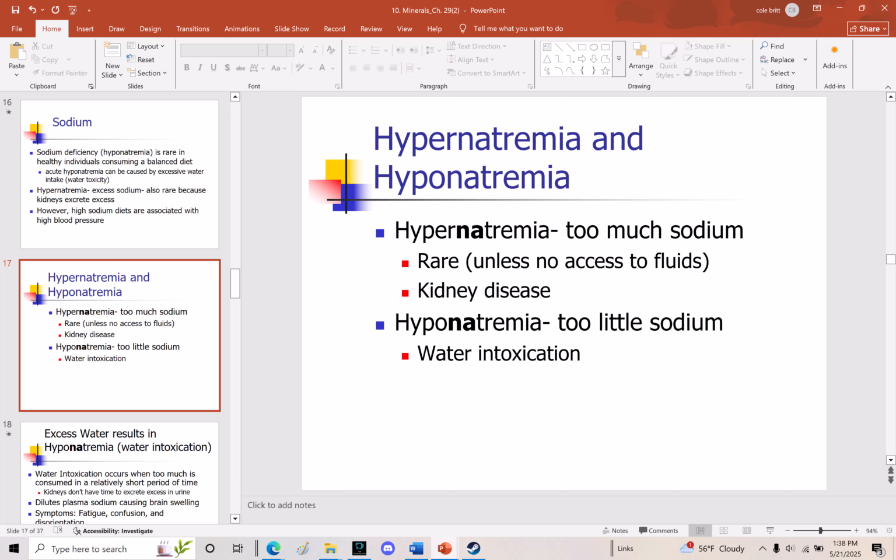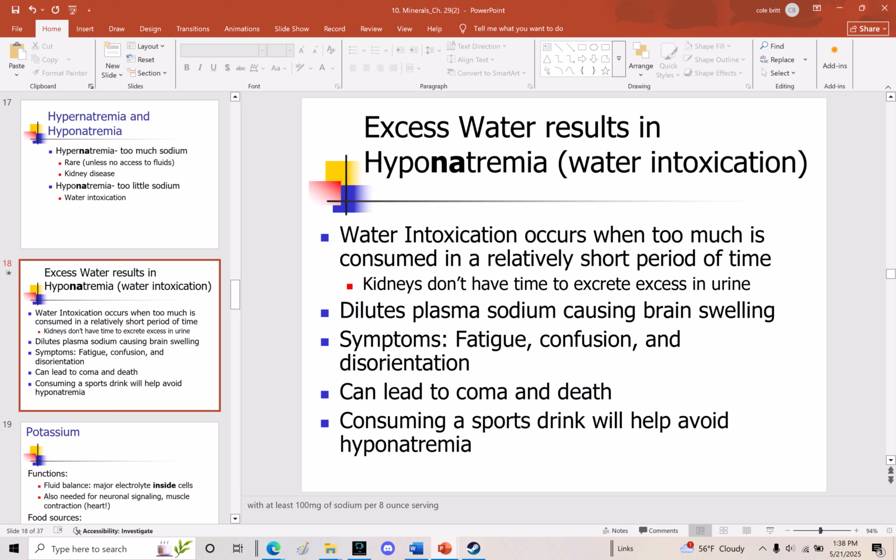Hyponatremia, that's water intoxication. Essentially, that dilutes your sodium. Your brain will swell. Water intoxication occurs when too much is consumed in a short period of time. Kidneys don't have time to excrete the excess. So that excess water dilutes the sodium, the brain's going to swell, and you get fatigue, confusion, and disorientation, which are very similar symptoms to dehydration.